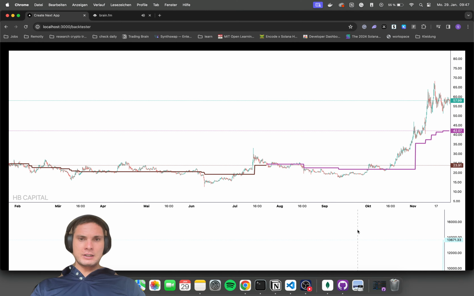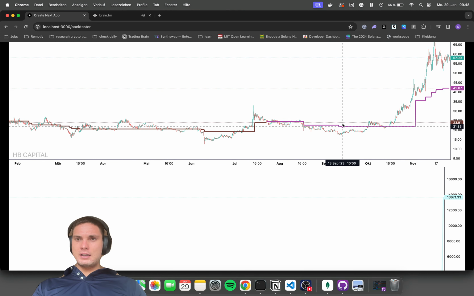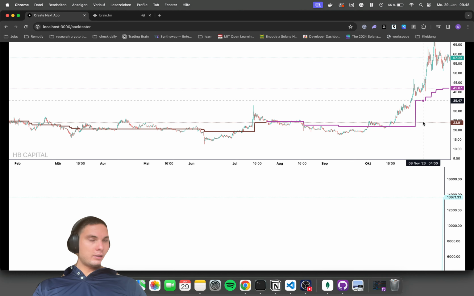Oh no, no liquidation. So it seems like we increased the leverage here somewhere and then closed down with an increased leverage. So this is exactly as I wanted. And here we have to look into why this was that much.